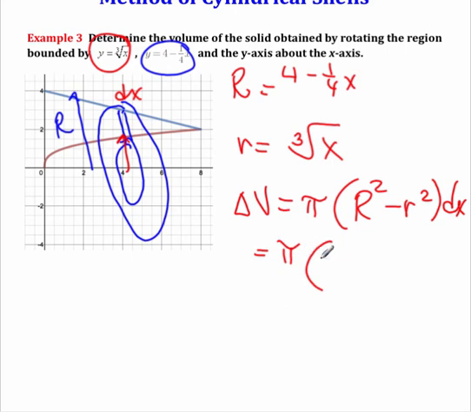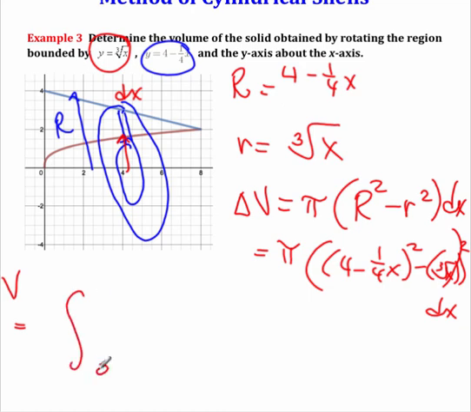And we simply just have to be careful. And I need my dx. So once you have that, we can just set up our integrals.